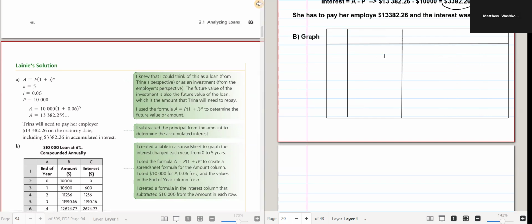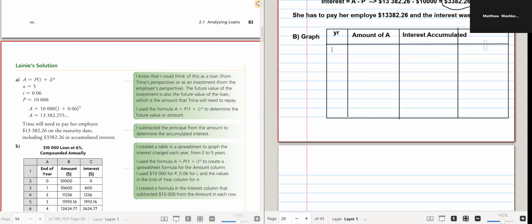Oh wait, no. I shouldn't have even looked at their example. Easier to just do it myself. So we're going to have the year, the amount that the loan's worth, and the interest that accumulated. I guess we don't need this one.